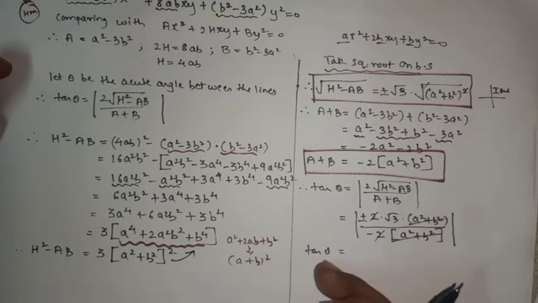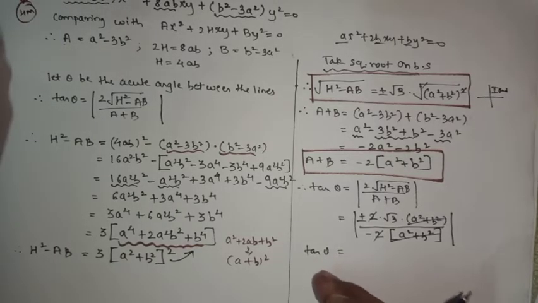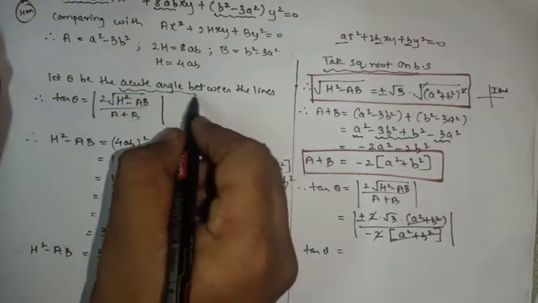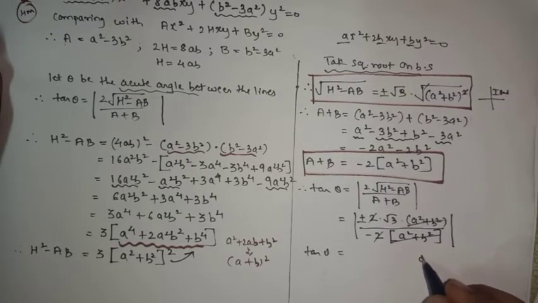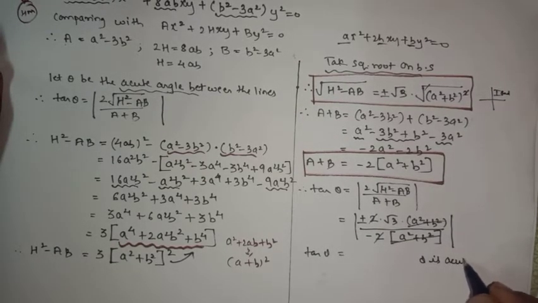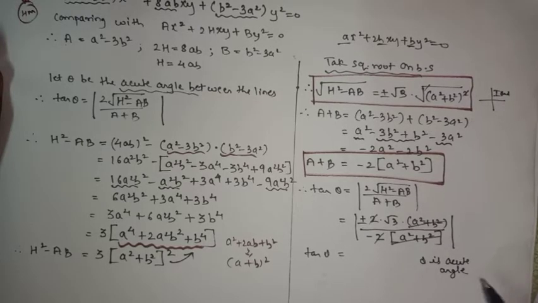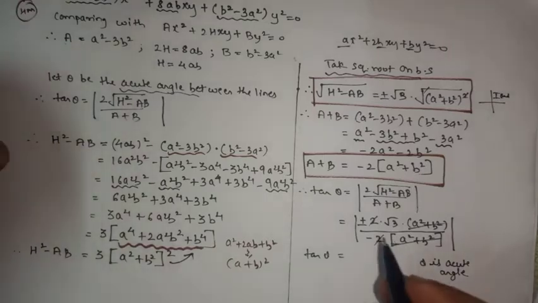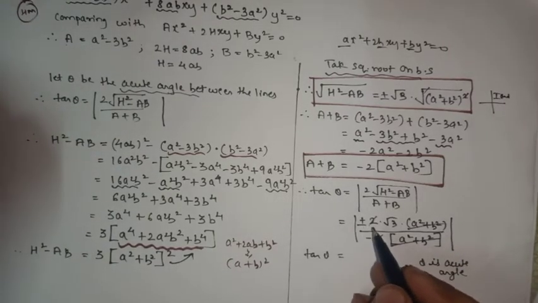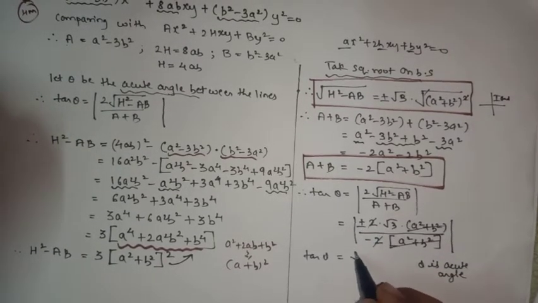And we know that we have to find angle theta, as theta is an acute angle. Okay. Yes or no? Theta is an acute angle, so it lies in the first quadrant and all the values will be positive. So taking mod, whether it is positive or negative, the answer will be positive only.